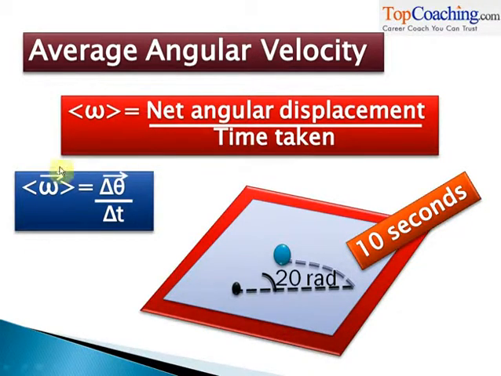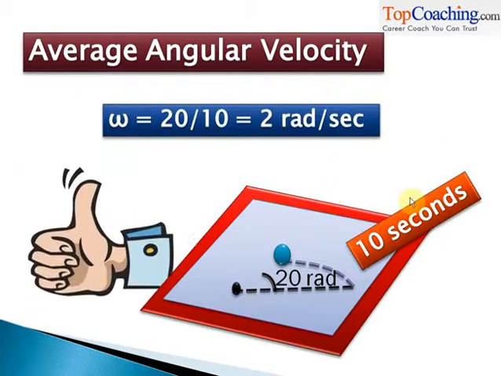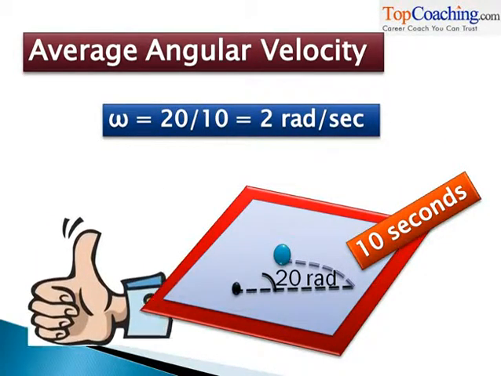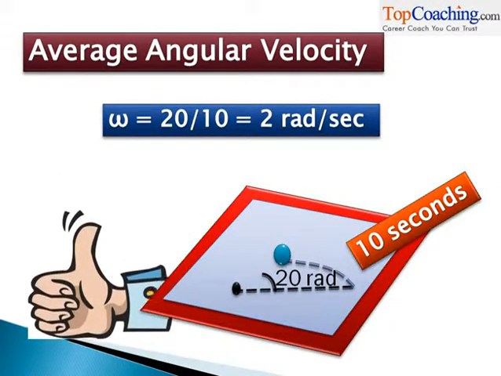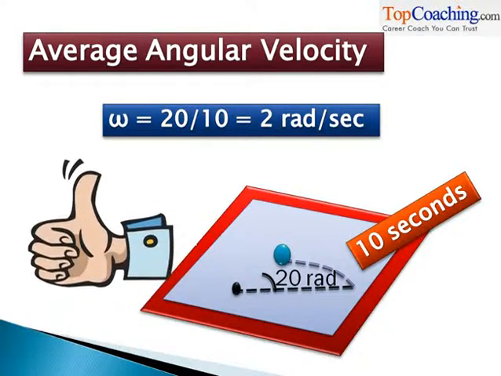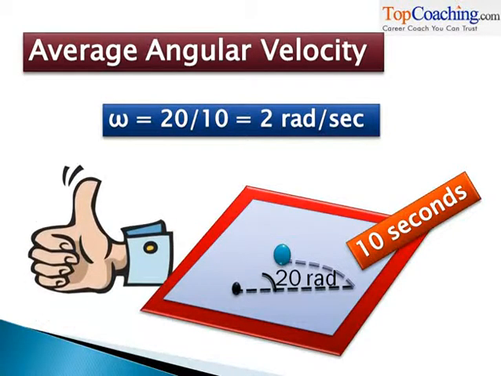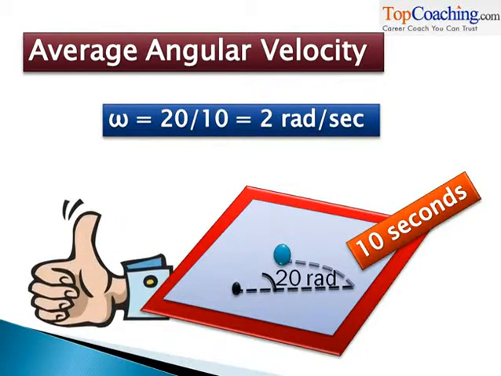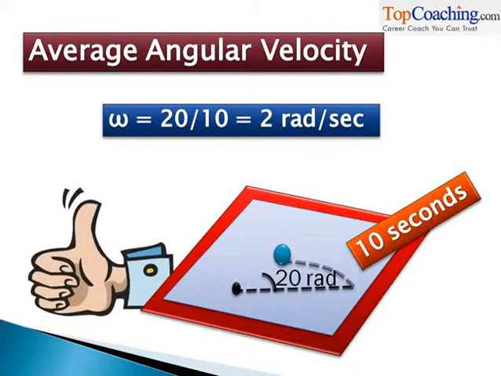As you can see, omega vector is delta theta vector by delta t. What will the direction of the omega vector be? The direction of the omega vector will be along the direction of the change in angular displacement. So you can again curl your fingers along delta s unit vector, and the thumb will tell you the direction of omega. In most cases, the direction of the average angular velocity is along the angular displacement.